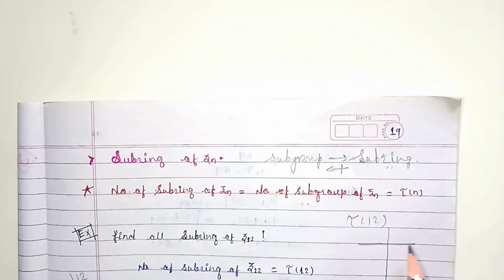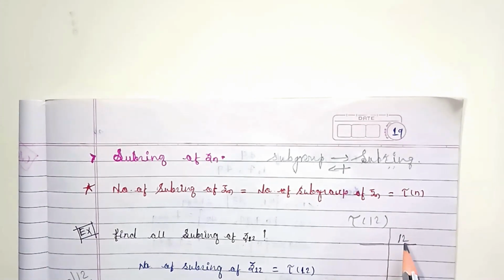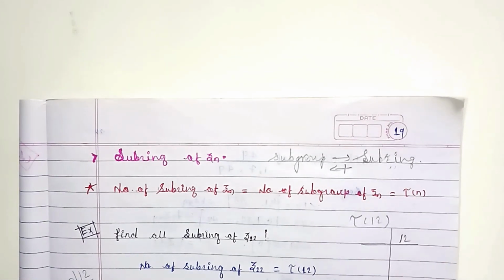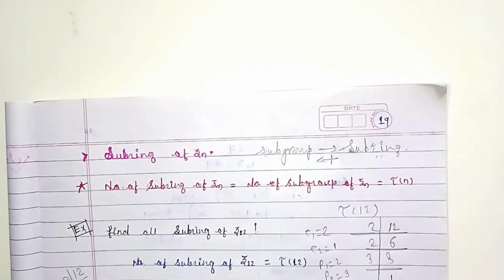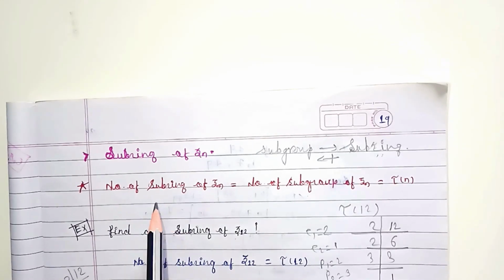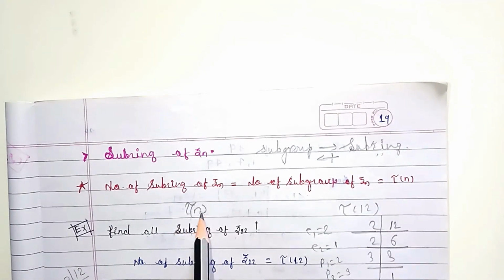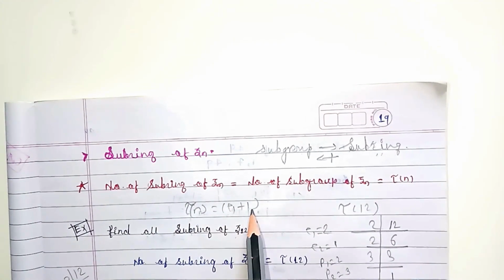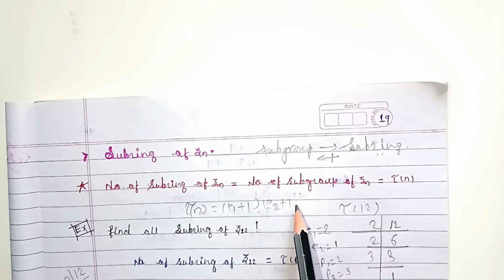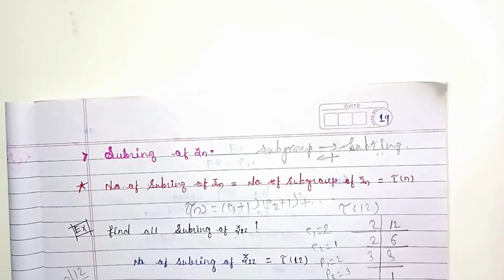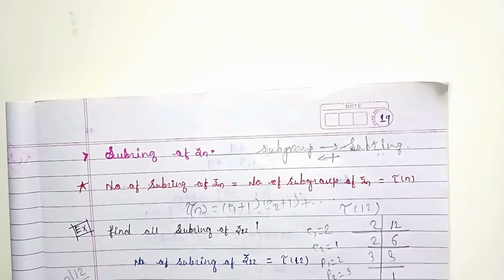Tau 12 means divide 12 till we get the remainder 1. And tau n is equal to (E1 plus 1)(E2 plus 1)(E3 plus 1)(E4 plus 1), and so on.